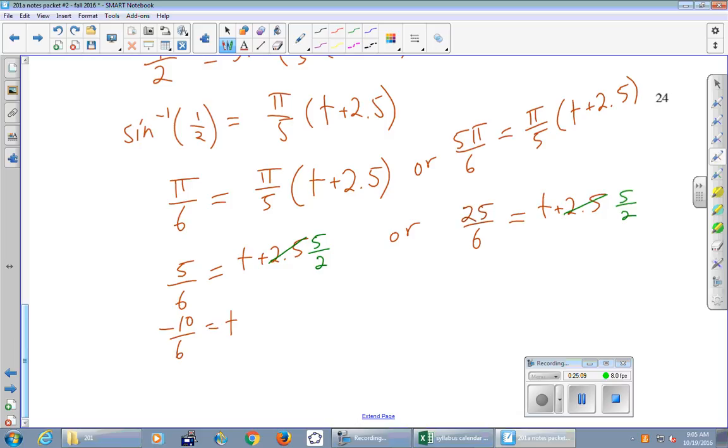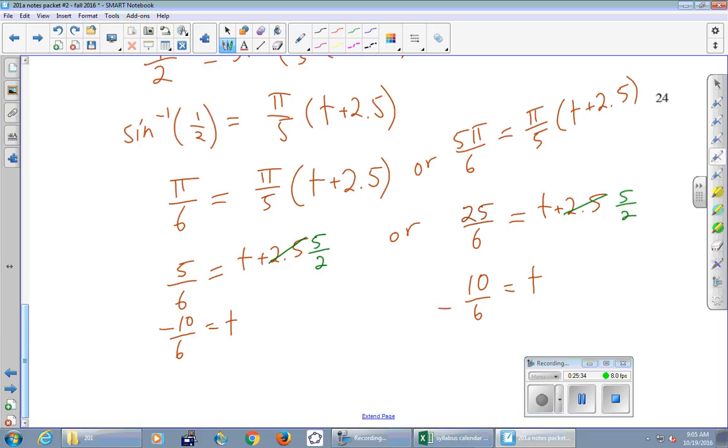Minus 15/6 from both sides. Same thing on this side, subtract 15/6 over here, what do we get? 10/6. Okay, so I think that's good.